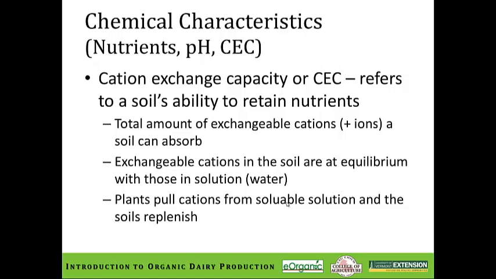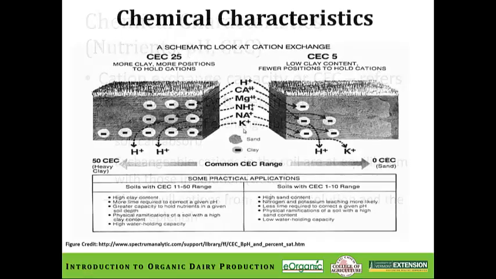And the cation exchange capacity refers to a soil's ability to hold on to nutrients. Here's a schematic that shows the cation exchange capacity. And as I mentioned before, your soil should have a negative charge, and you can see the negative charges on this photograph.